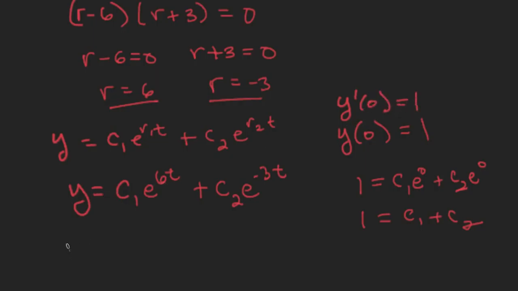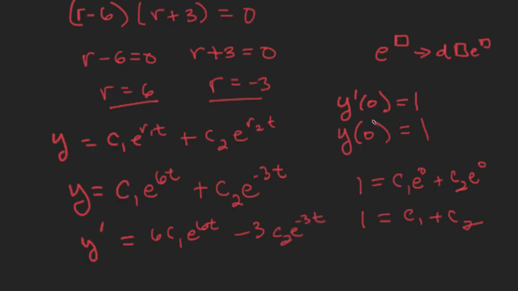So if you were to take the derivative of this, for instance, oops, we need the 6, right? Derivative of e to the box is derivative of that box times what you had originally. So it'd be 6 c1 e to the 6t plus, well, actually it'd be minus negative 3 c2 e to the negative 3t.